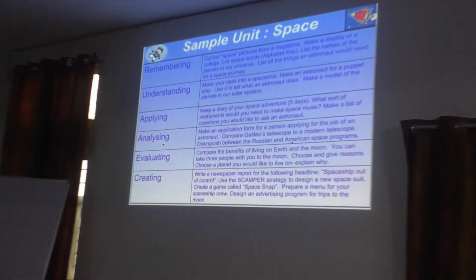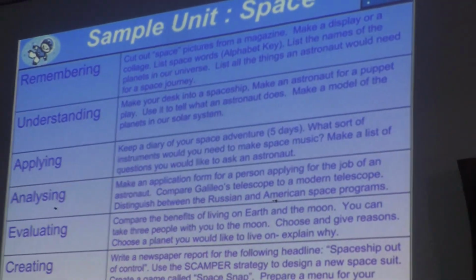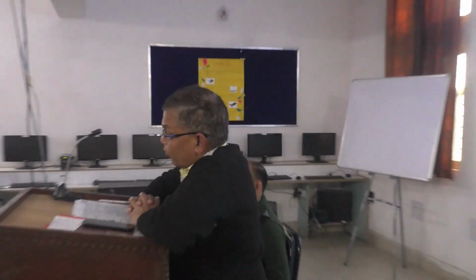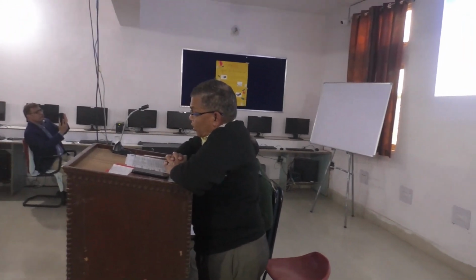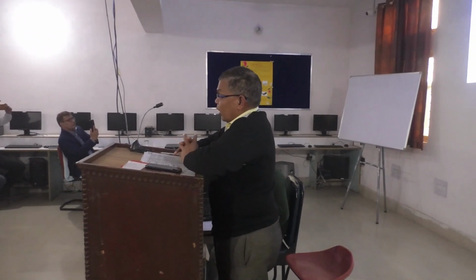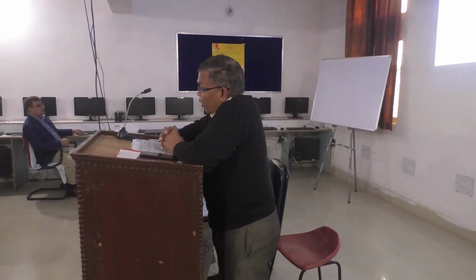Let us see a sample unit, that is space. In this very unit, in remembering part, students can be asked to cut out pictures from a magazine and make a display or a collage.